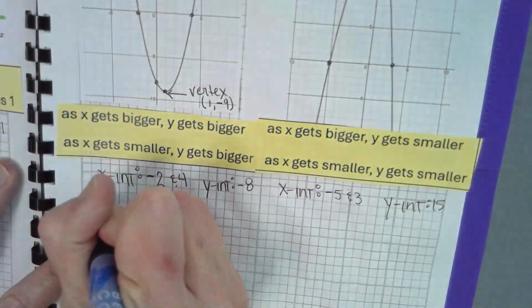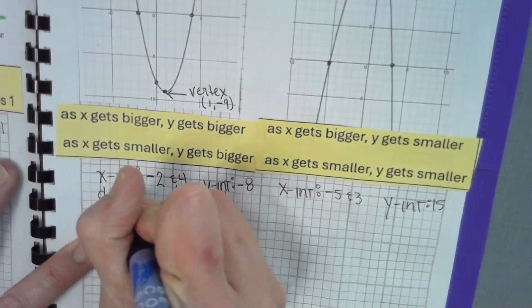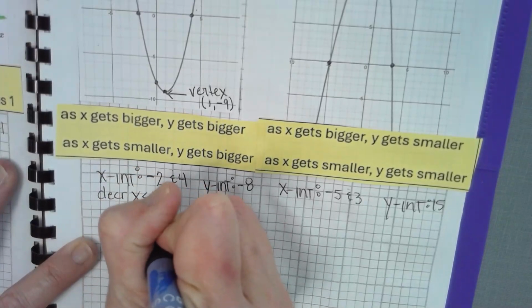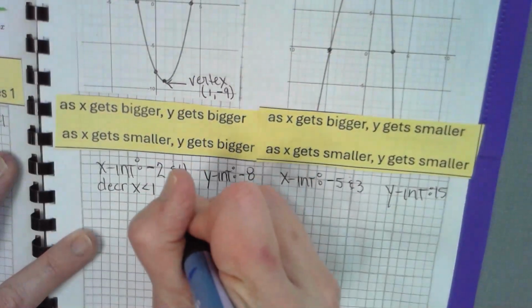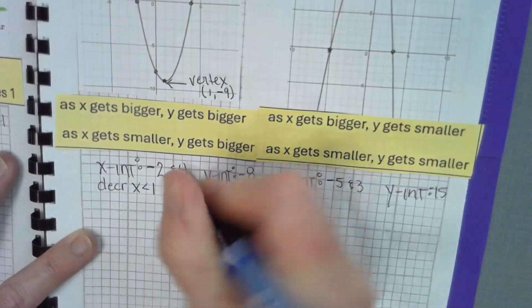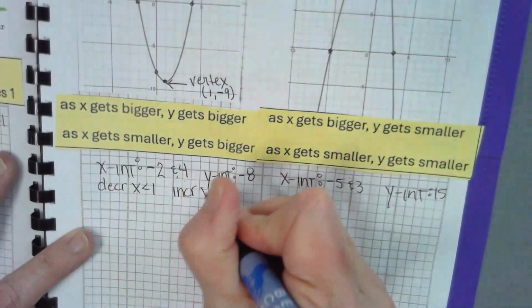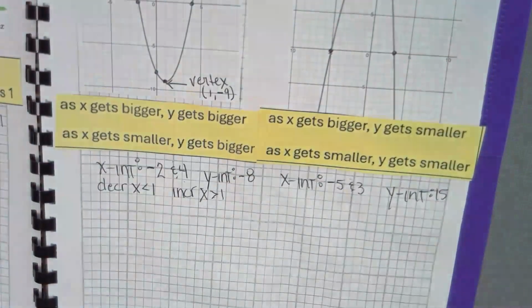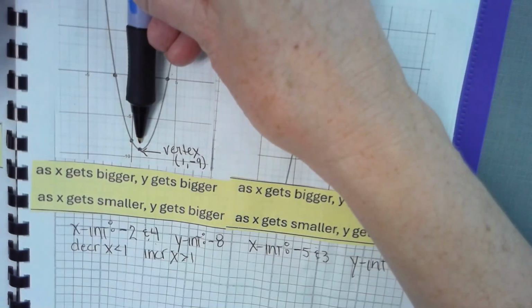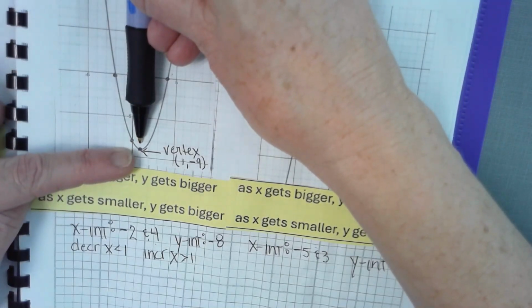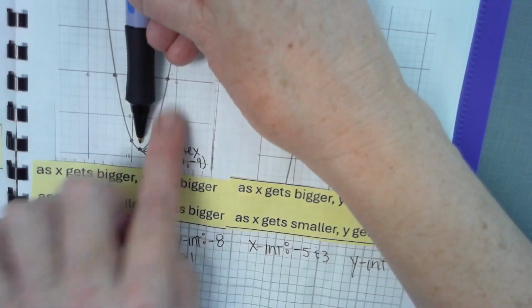So decreases when x is less than 1. Increases when x is greater than 1. And notice, right there's where it changes. It goes downhill till it gets to 1, and then it goes uphill.